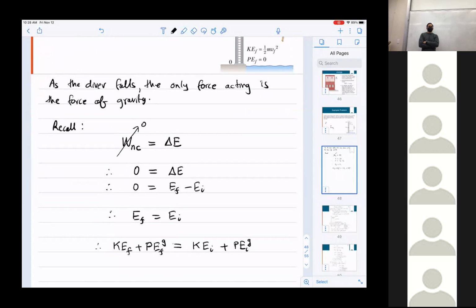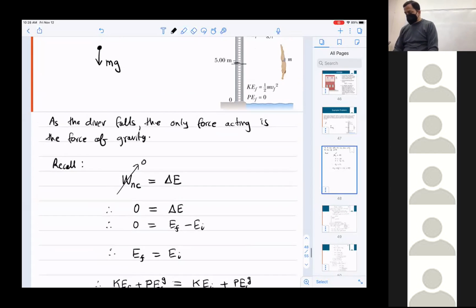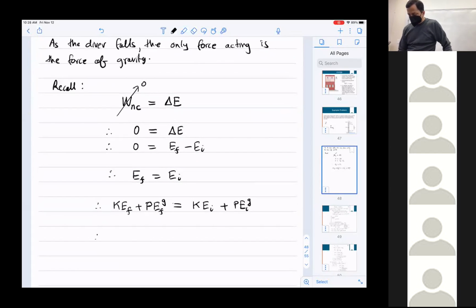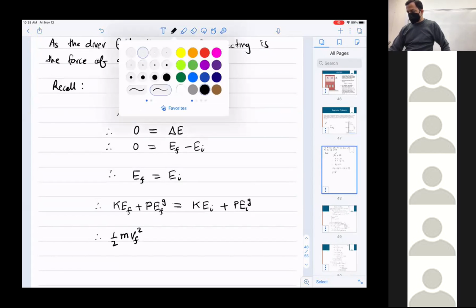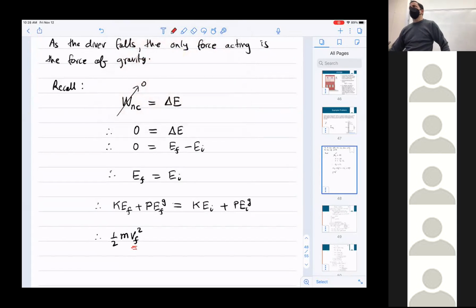Any questions so far? Well, the final kinetic energy is going to be 1/2 m v final squared, and this is the thing that we're trying to find. We're trying to find v final.